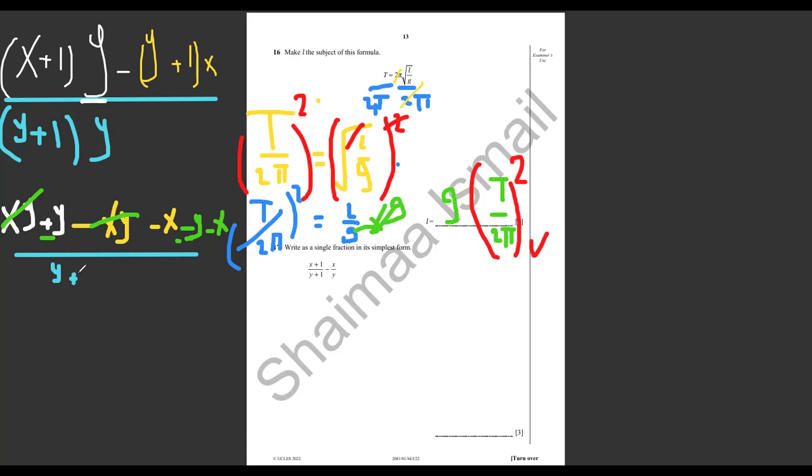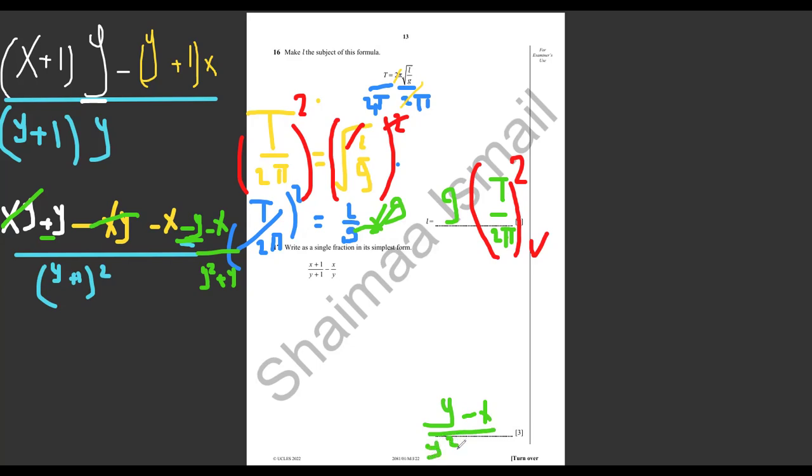If you leave it y plus 1 times y or y squared plus y, it's the same. So the numerator equals y minus x over y squared plus y, and we did it. Let's write it.